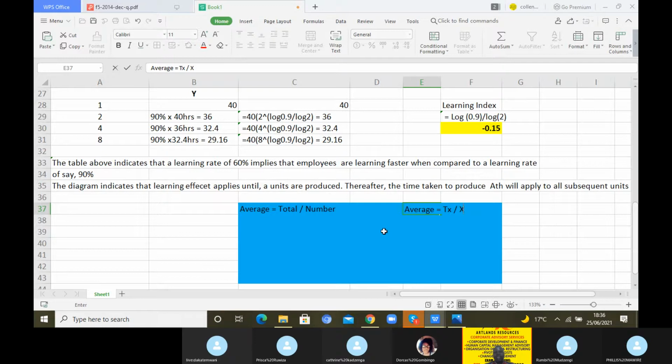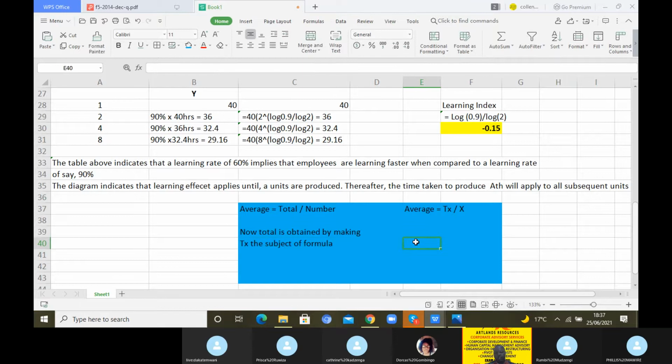Now, how do we find total of x? Total is obtained by making total of x the subject of the formula.